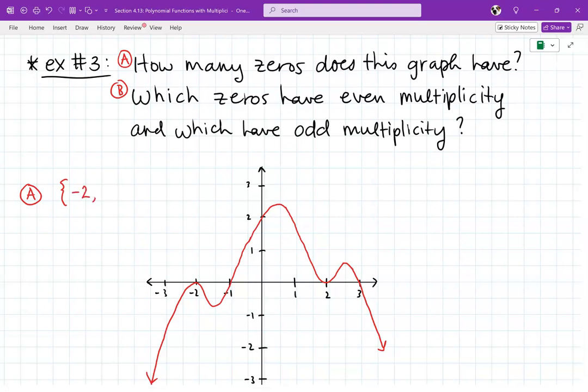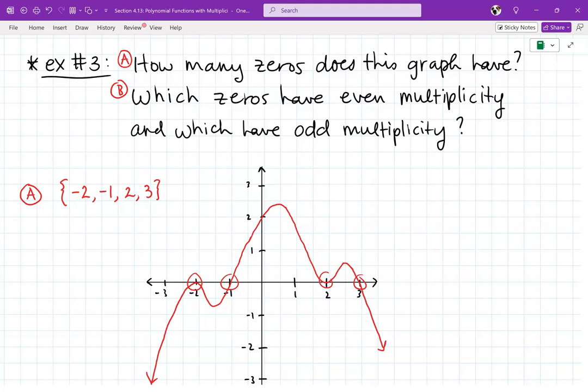There's one at -2, one at -1, one at 2, and one at 3. Because that's where the graph touches the x-axis or goes through the x-axis. Either it bounces off or touches it, right? Or goes through. So there's 4 of them that occur. So -2, it's right here, right here, right here, and right there.